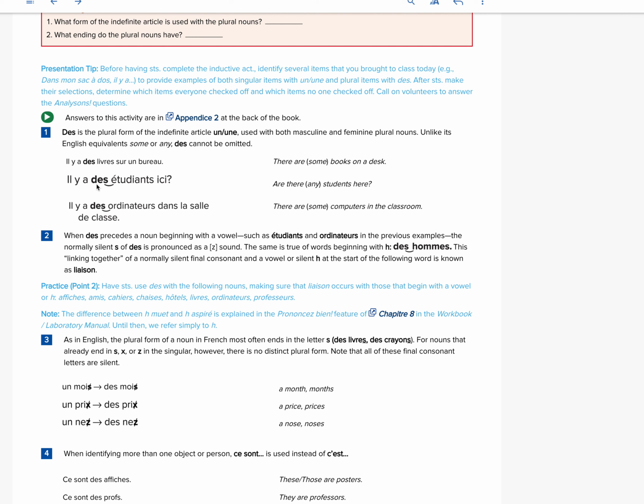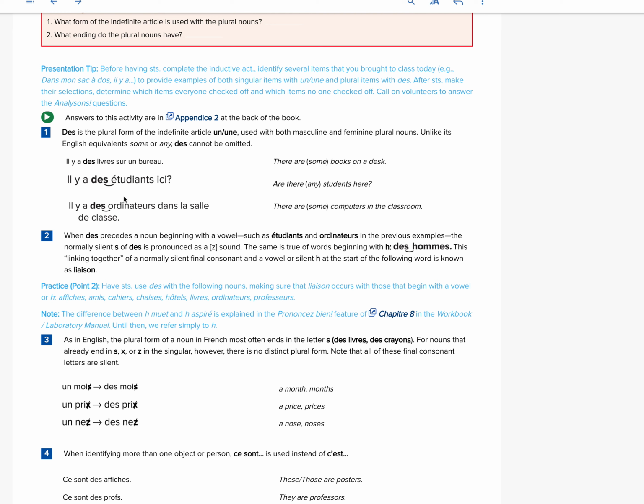But if DES is followed by a word that begins with a vowel, you must pronounce it as a Z sound. So, when you say il y a des livres, S is not pronounced. But if you say il y a des étudiants, you must pronounce S because there's a vowel right after.